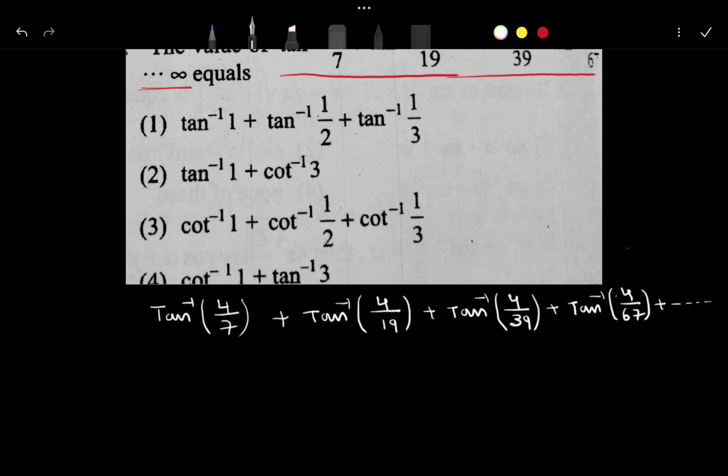So this is the given series. This is the infinite series, and the sum of the infinite terms is represented by this.